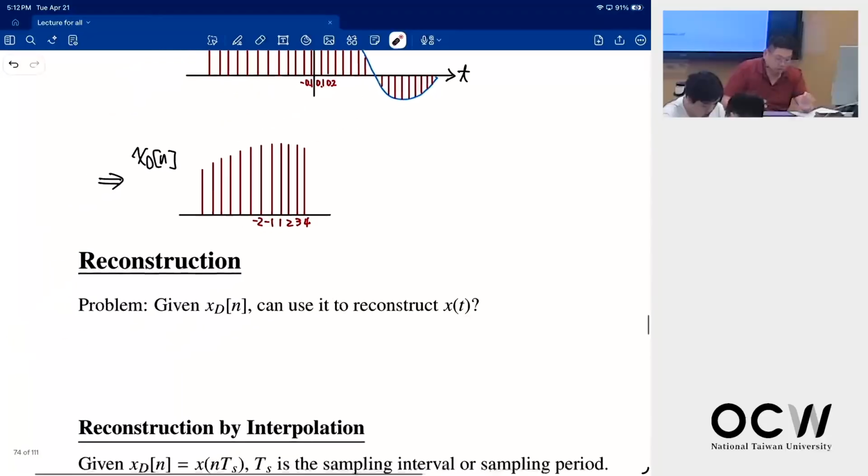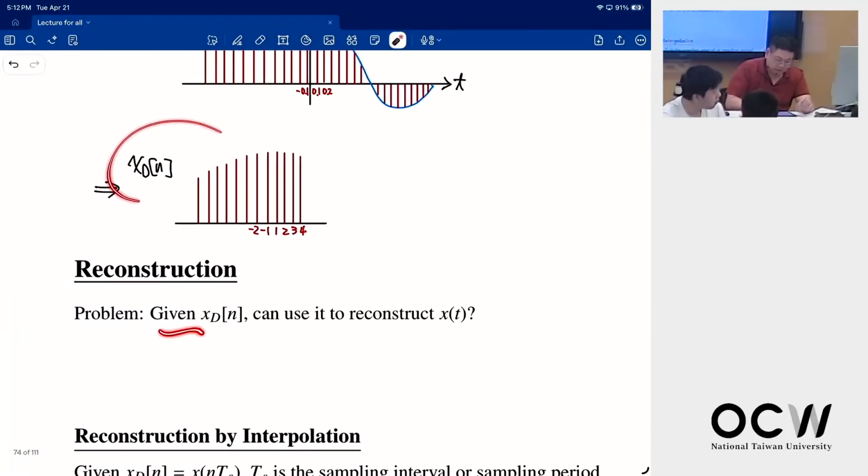Therefore, given this discrete time signal, can we use it to reconstruct the original signal?